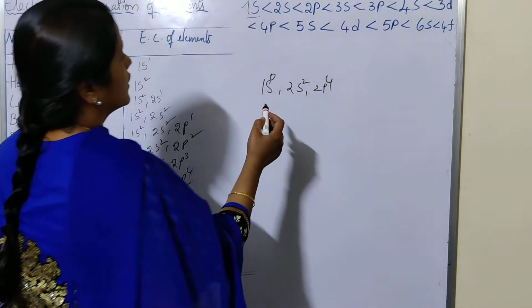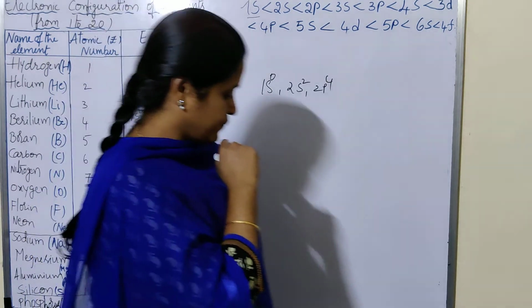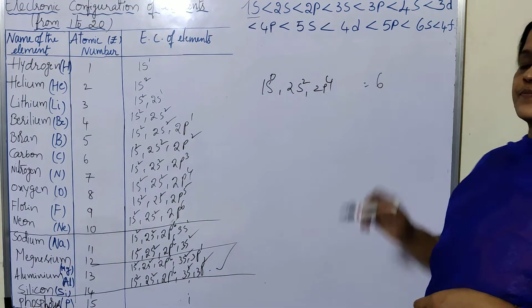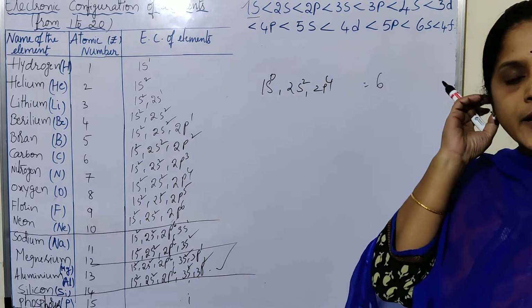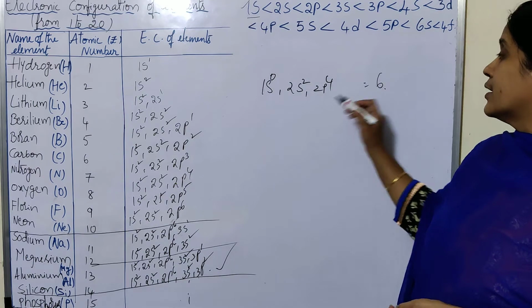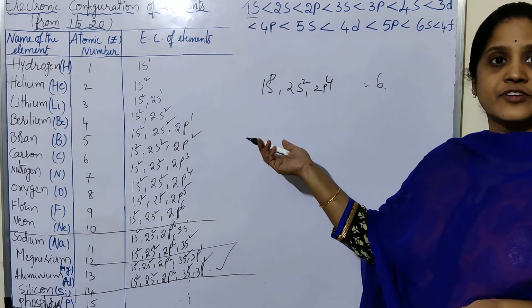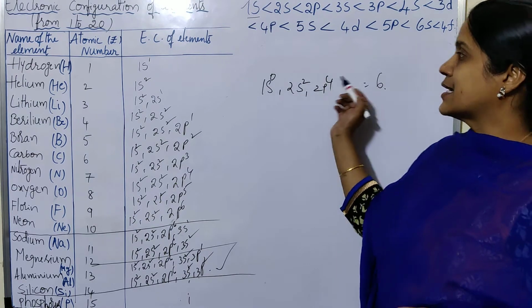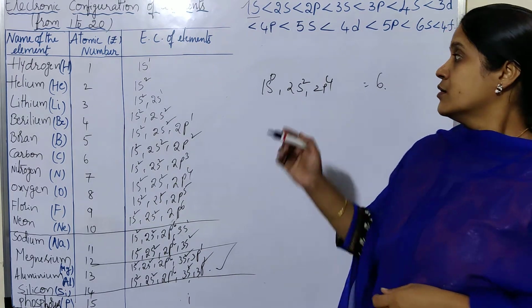Here you see, this is 4 plus 2, 6. For example, atomic number 6 means carbon atom. So which rule is violated, which rule is broken for writing this electronic configuration?